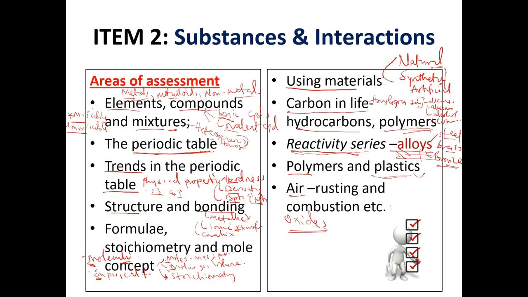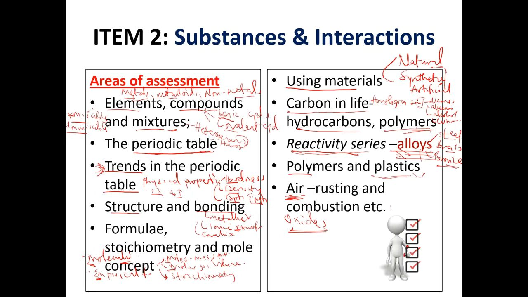Oxides can be covered under air, but also they can be covered under trends in the periodic table. Looking at the trend on the reaction of period 3 elements with air, or group 1 elements with air. So we need to look at this very well.